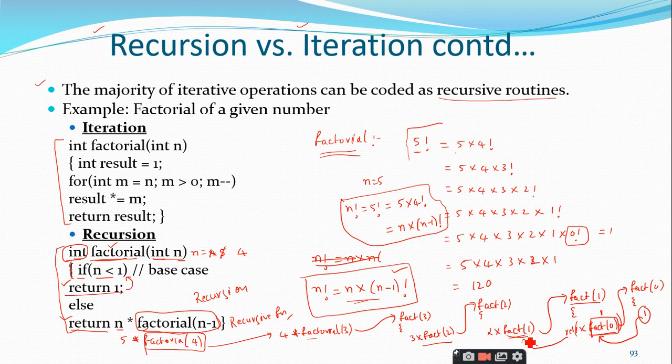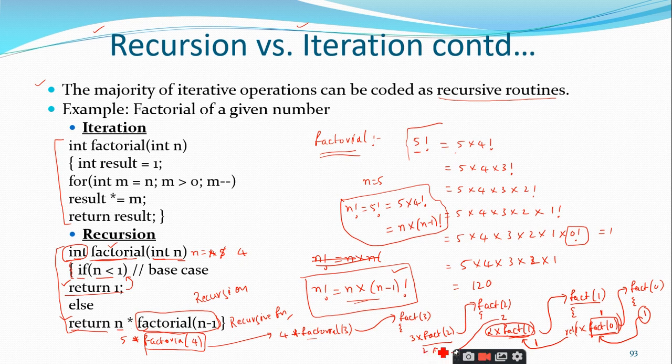Now 2 multiplied by 1 is calculated, that is 2. The result is 2. This value 2 has to be returned to the function which called it. So factorial 2 is called by factorial 3. Therefore, the calculated value 2 will be returned from here to here.